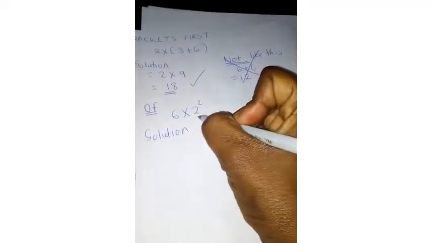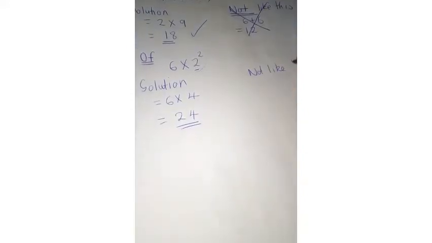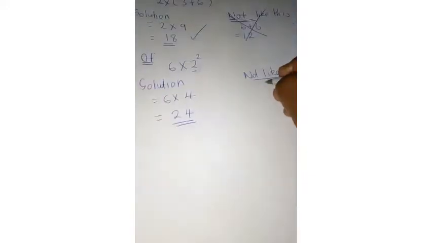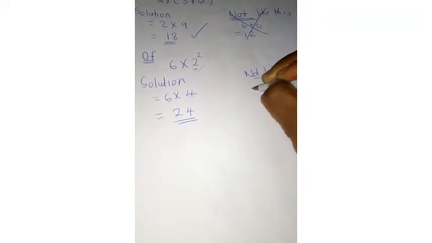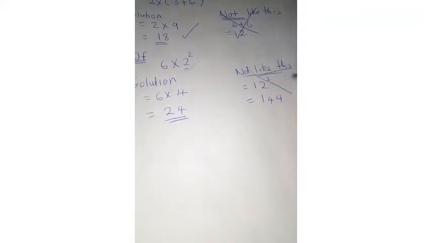So we first solve 2 to the power of 2, which is 4, so it becomes 6 times 4, which is equal to 24. And not like this: 6 times 2, 12 squared, which is equal to 144. This is wrong and this is correct.